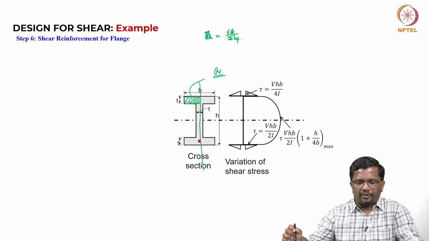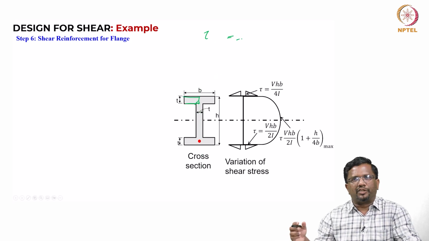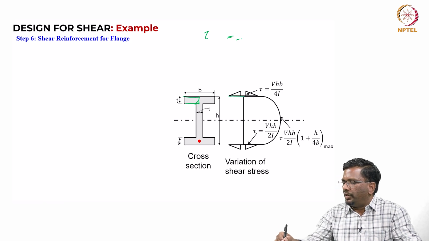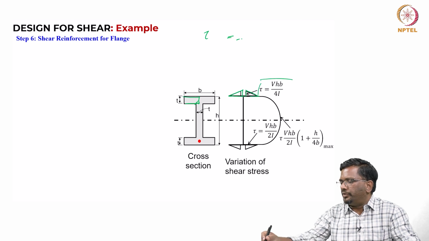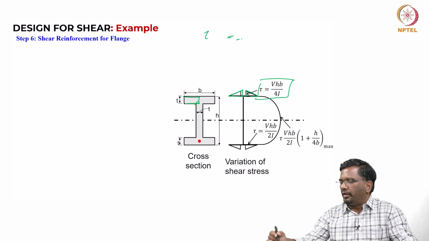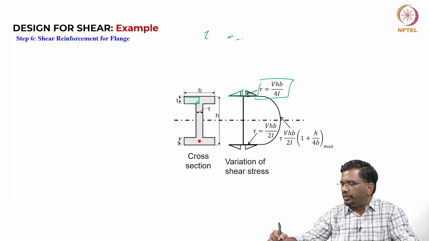So, let us now look at how we do that. If you plot your shear stress variations, you will get this nice variation. In the flange it is going to be like this, and here it is going to be like this, and this value is VH by B by 4I. In the web we know that the vertical shear is going to be resisted like this, and you get this nice value.